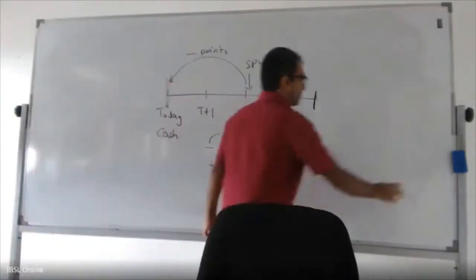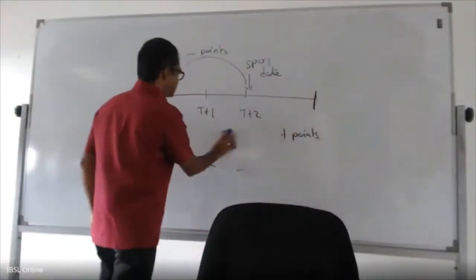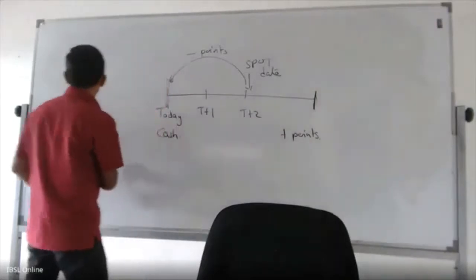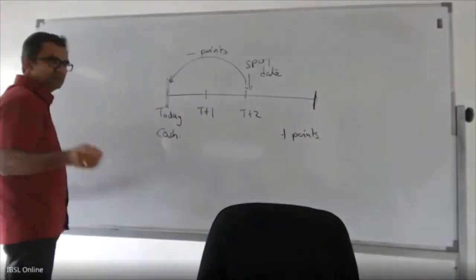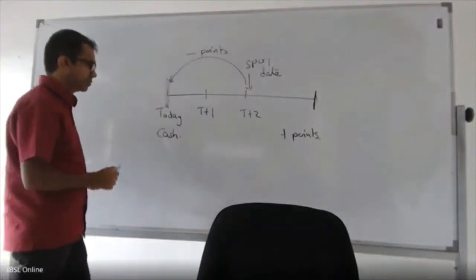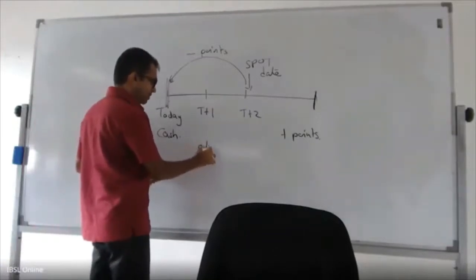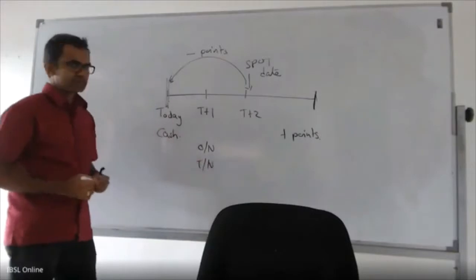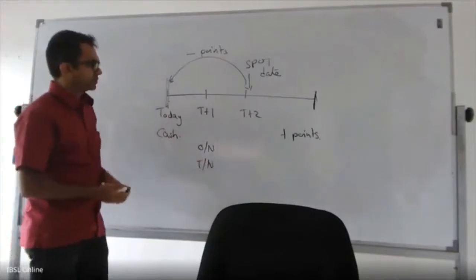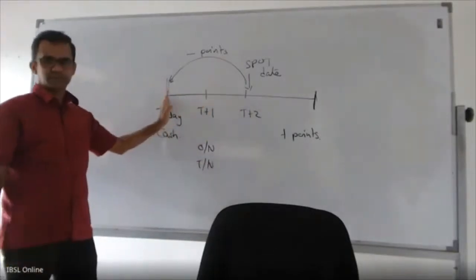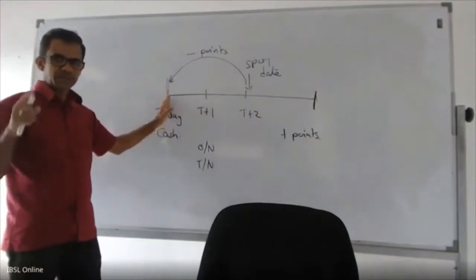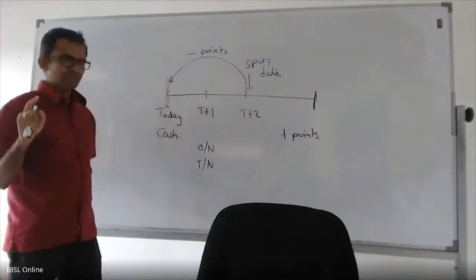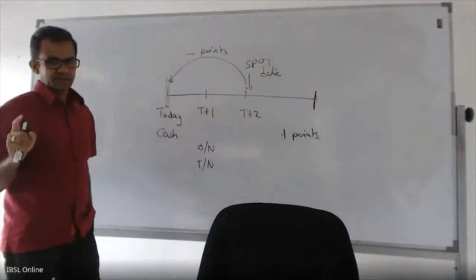But why do we have to add two points? In the given quote, you can see overnight swap points and Tom next points. There are no points for a 2-day period. The points are only for a 1-day period.